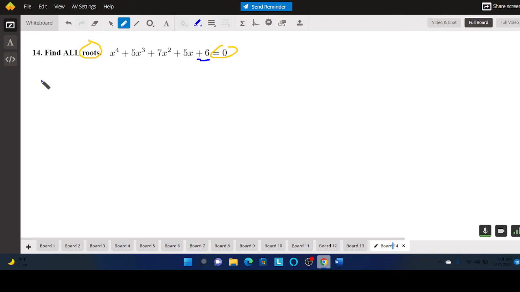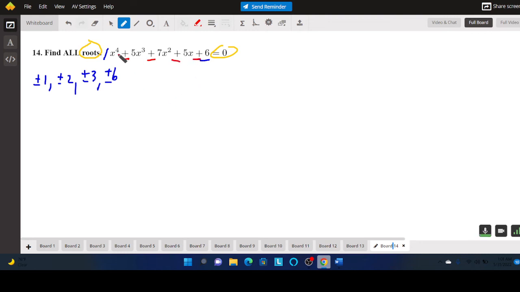The factors of 6 are plus or minus 1, plus or minus 2, plus or minus 3, positive and negative 6. Since it starts with a 1, we don't need to look for any additional rational roots. Now, notice you only have plus signs.